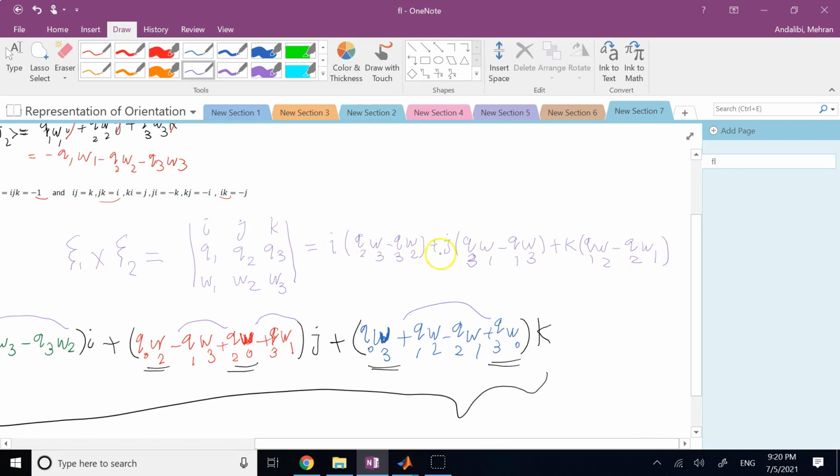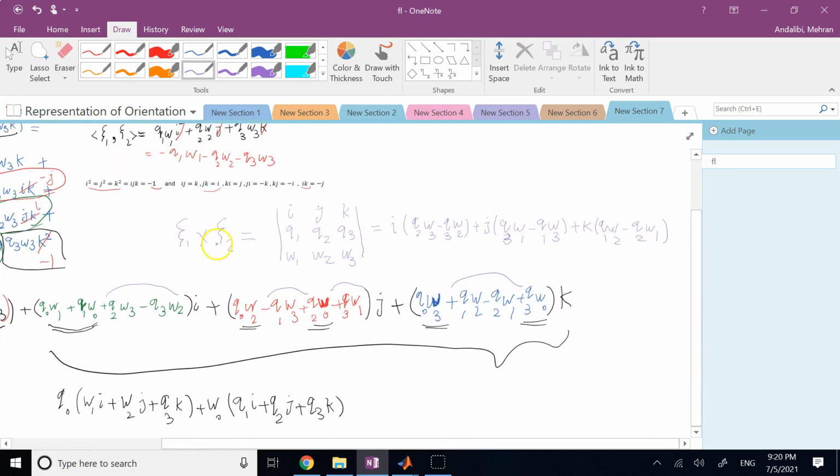And if you look at these terms, they are exactly what you have here. These purple terms, if you sum them together, that's exactly zeta 1 cross zeta 2.